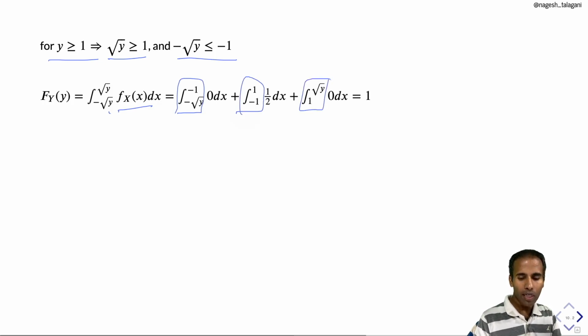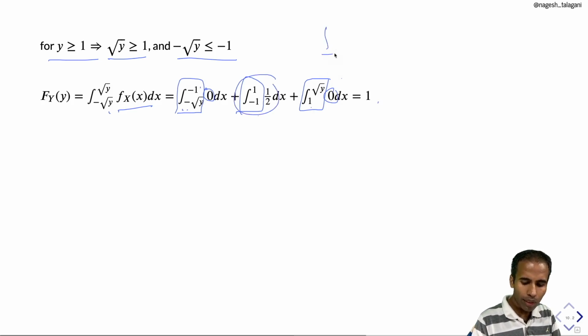As we can see that the support of x is minus 1 to 1, outside minus 1 to 1 the PDF is going to be 0, so the integrand is going to be 0 from minus root y to minus 1 and 1 to root y. So the only thing is we have to work out this one, that will become 1.